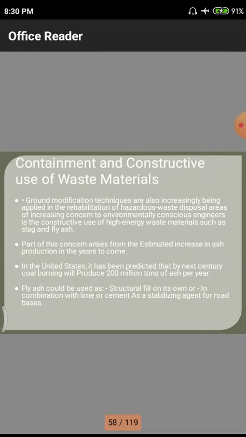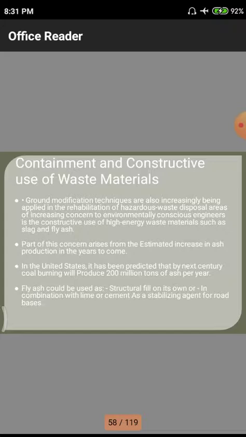Next one we are having is the containment and constructive use of waste material. Containment means we need to have some containment of waste materials and constructive use of this waste material. Whatever waste materials we are using, in industries we are having fly ash and GGBS and other different kinds of waste we are obtaining in our daily utilities, so that those wastes are used in filling purposes and some sort of binding materials.